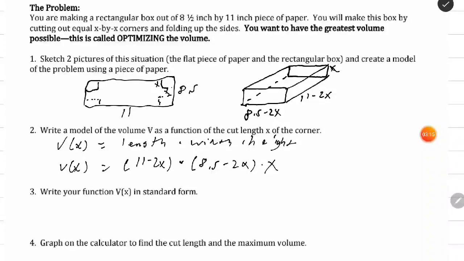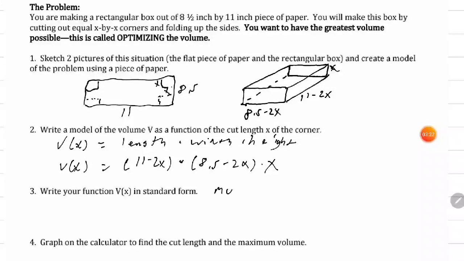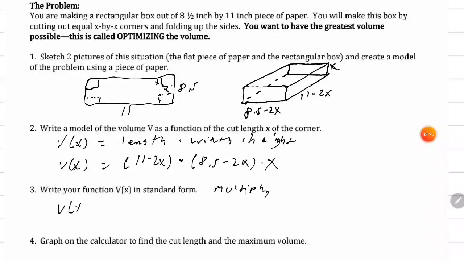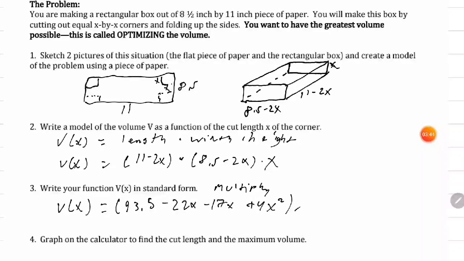Write your function V(x) in standard form. It just means multiply it all out. So V(x) is equal to 93.5 minus 22x minus 17x plus 4x squared. That's when I FOIL the first two. And then we have an x out here, that's the third thing.